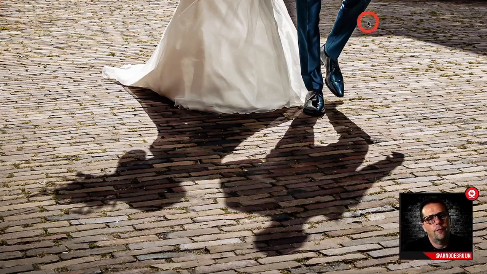And if you crop your image like that, you create a creative view from the shoes and the legs of the groom and the wedding dress of the bride, and their bodies are the silhouette shadow on the ground.